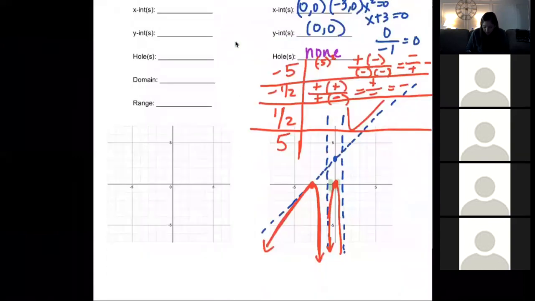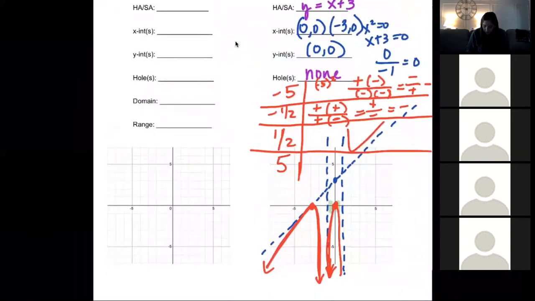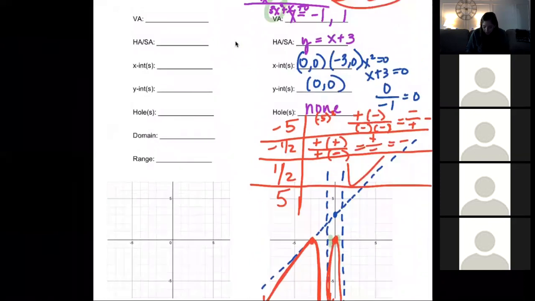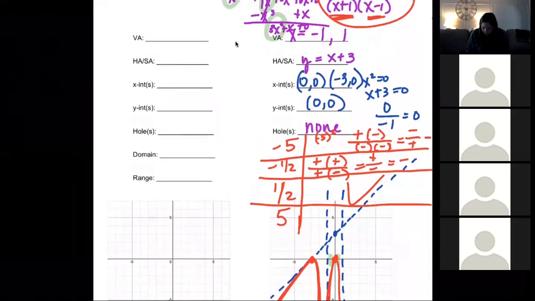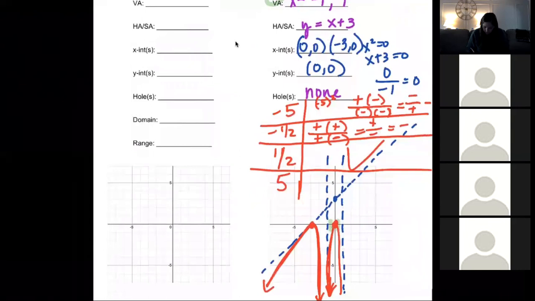Okay, so then I have it pointing down, so I guess they're both going in the same direction. Unless this goes up. I guess I could test a point between -3 and -1 and see what's happening, if I wanted to be sure. Well, you know what?